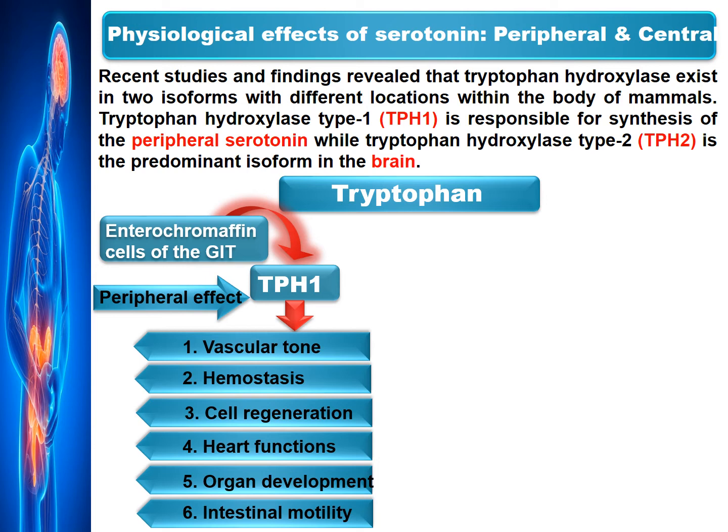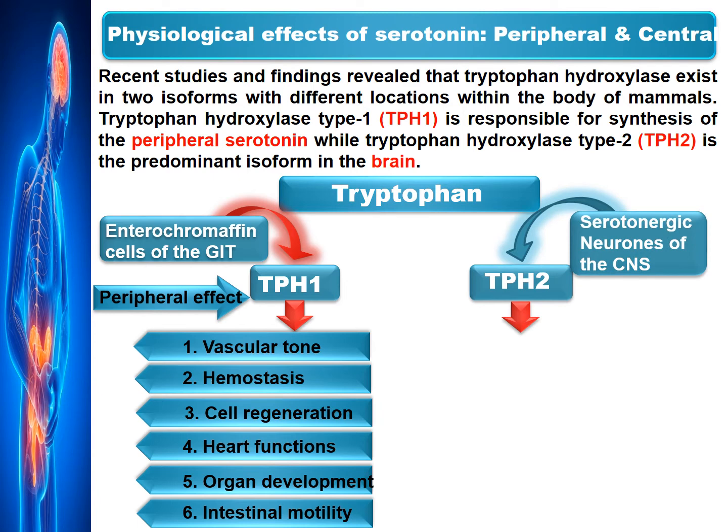Whereas on the other hand, at the central site, that is the serotonergic neurons of the CNS, tryptophan hydroxylase type 2 is present, which is responsible for the synthesis of central serotonin from the precursor tryptophan.